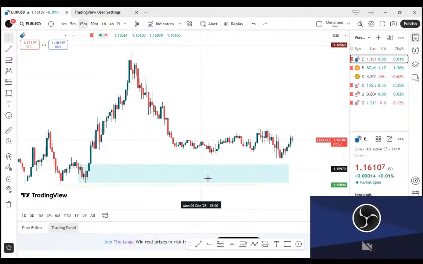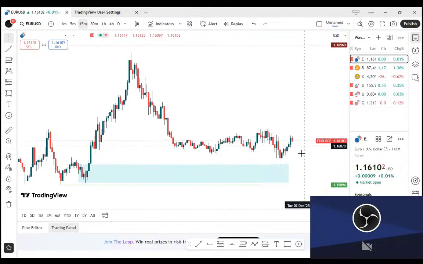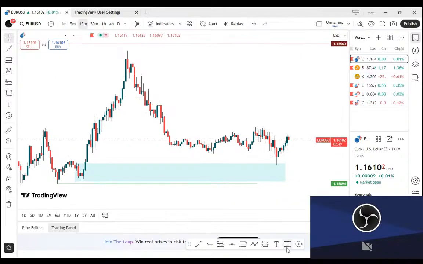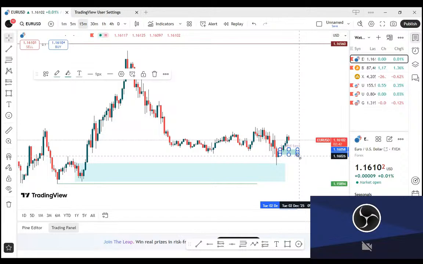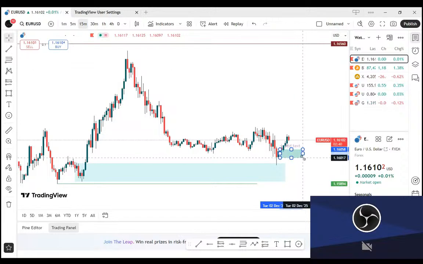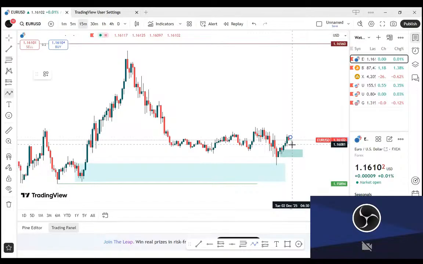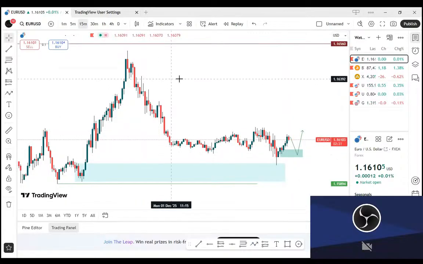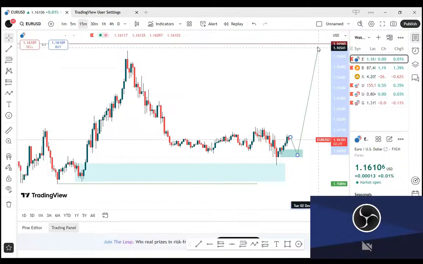From this area, price was dropping massively on EURUSD. So I'm still expecting it to come around this key area, then give a confirmation, then the buyers will go. If it comes here and gives me something like this on EURUSD, then I'm going to follow the buyers back to this particular area or probably back to this zone.